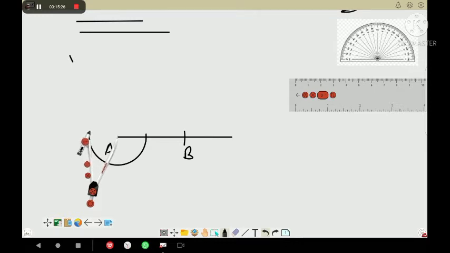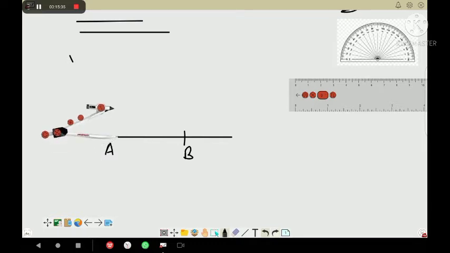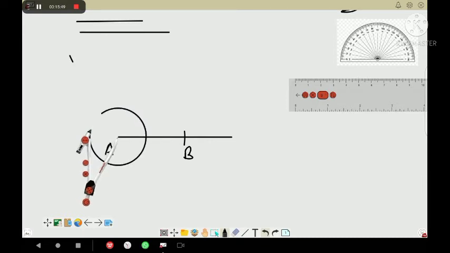It is very difficult to draw by compass here.